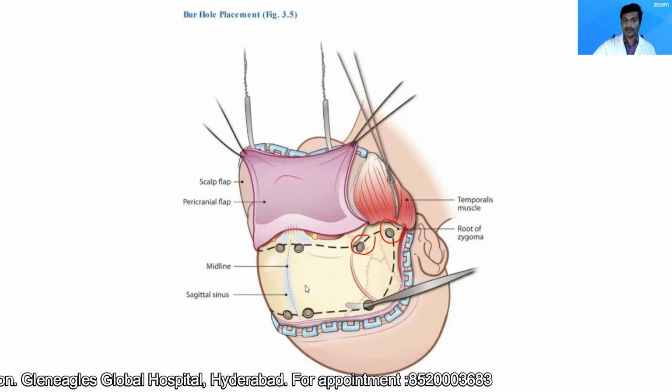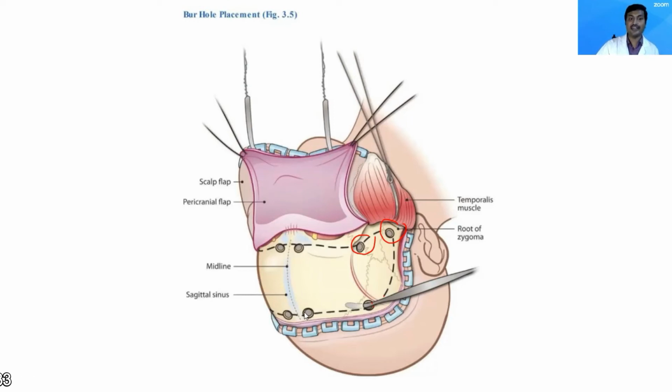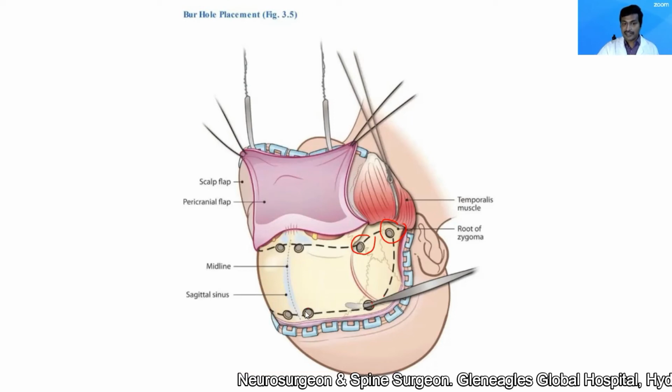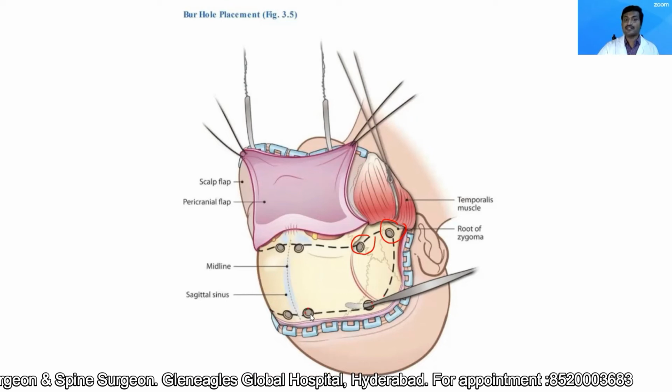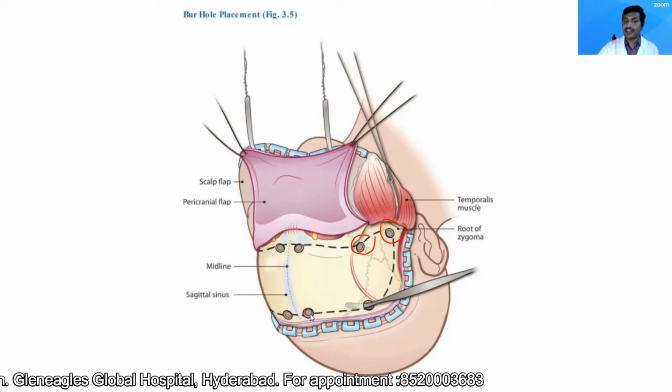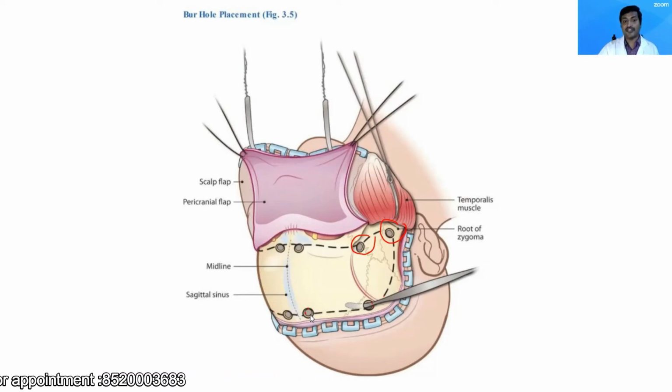These two midline burr holes are placed as close to the midline as possible, straddling the midline. When you're placing these posterior burr holes, be very careful not to puncture the dura mater, which will be catastrophic and may injure the superior sagittal sinus.